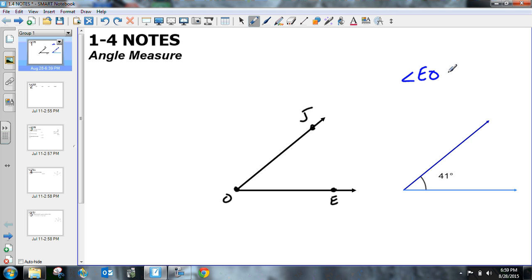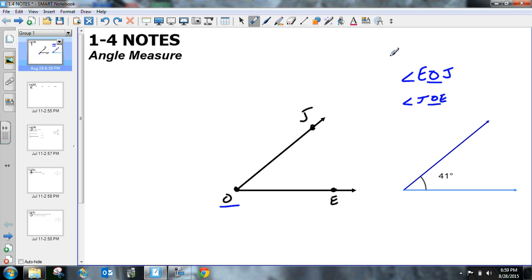And that's one way that we could name this angle. We could also name this angle JOE, okay? And so the O is the vertex, and notice how the O is in the middle on each of those.